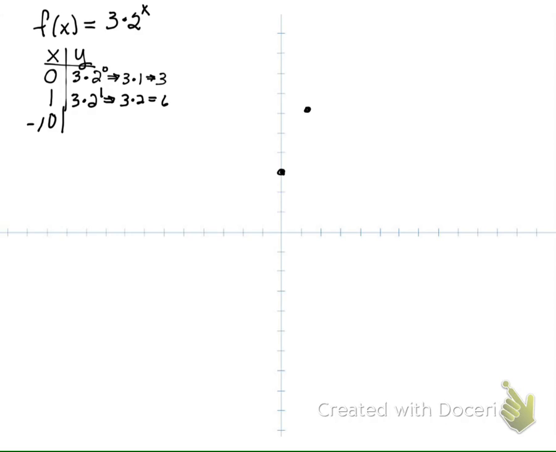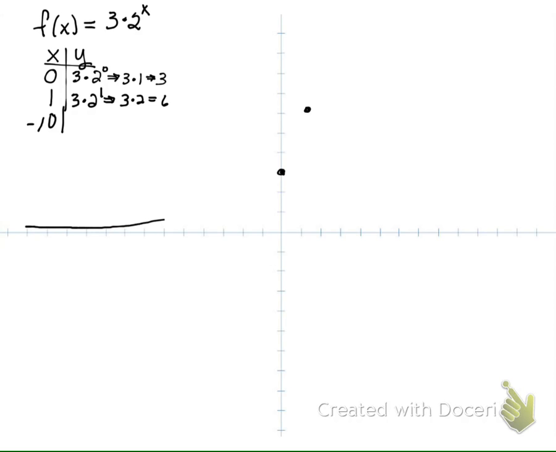Do 2 to the negative 10 power, and then multiply it by 3. You should get some very, very small positive decimal number, right? That's the whole idea. You get something really, really small. You can barely even graph it, right?